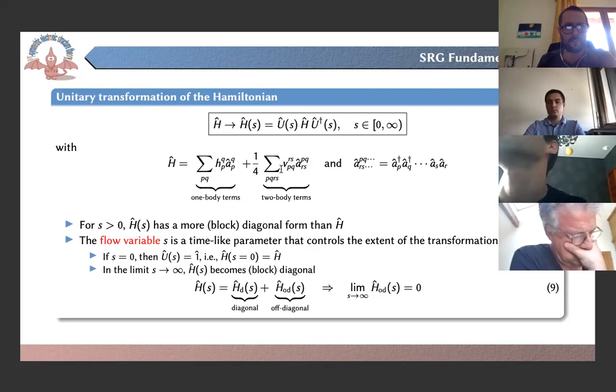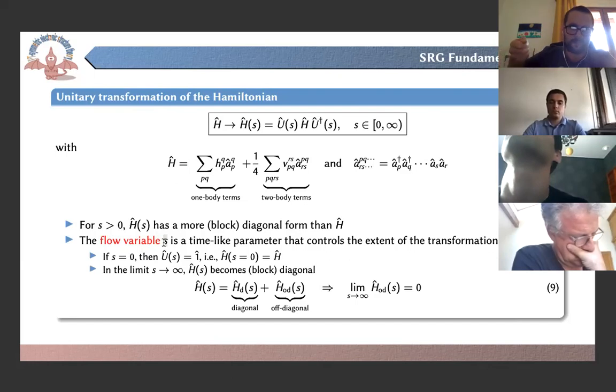So basically, if you increase S, that's what I was telling you, H is becoming more and more block diagonal, or diagonal if you are in a single reference space. Okay, and so the S variable is called the flow variable. It controls the extent of this transformation. So it's like a button that you're going to be able to turn. And the more you turn that button, the more you decouple the two spaces.